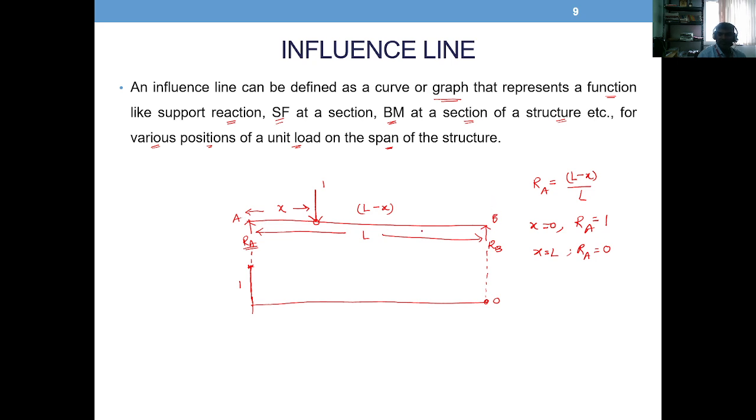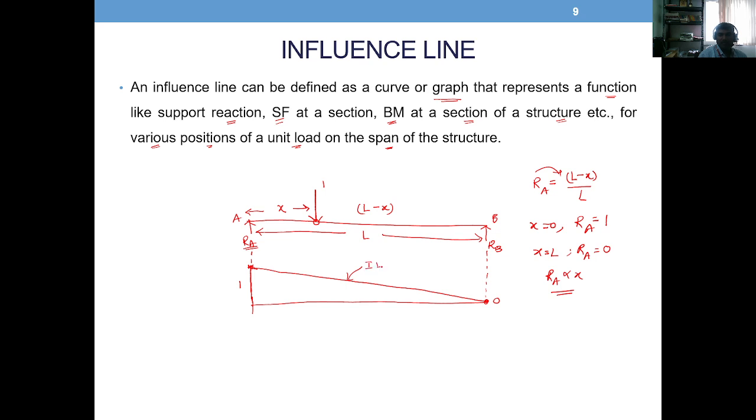For remaining positions of load, you can see RA is proportional to x from this equation. So which means the values follow the straight line pattern. So just join these two by straight line.